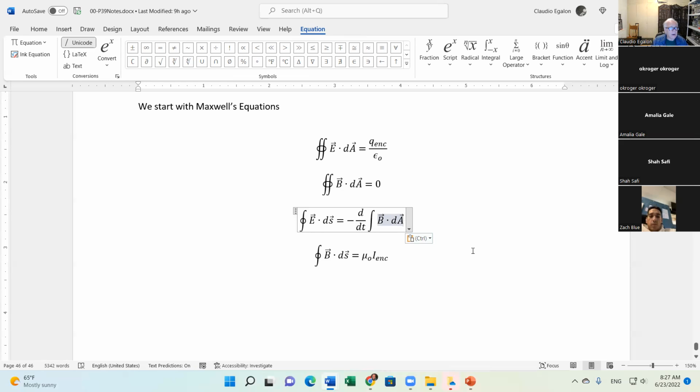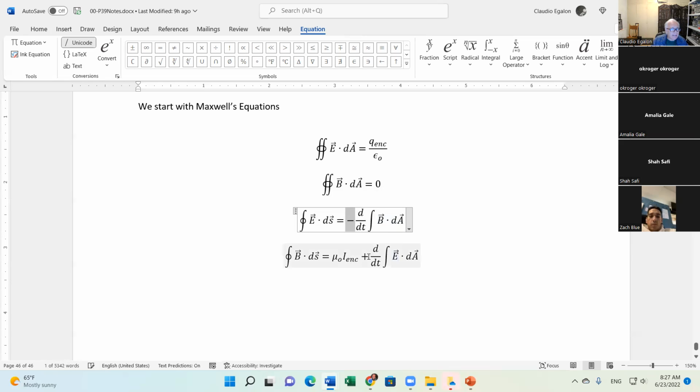But this is not a closed integral. So what is missing here is the other term, similar to this one, by the way, but instead of a magnetic field, we're going to have an electric field.